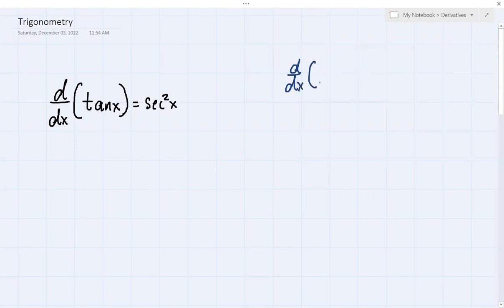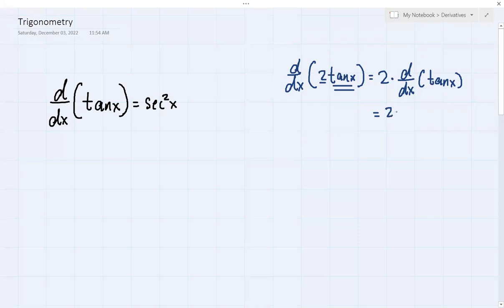So, let's just say, meron tayong ganito. Let's just say, 2 times tangent x. Mas maganda pa ito isulat. 2 times tangent x. Okay? So, ito, constant at meron tayong trigonometric function na tangent. So, we will have 2 times the derivative of tangent x.